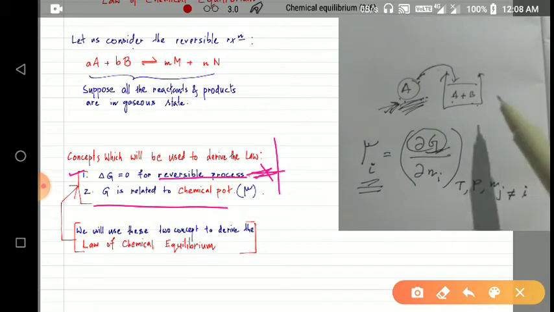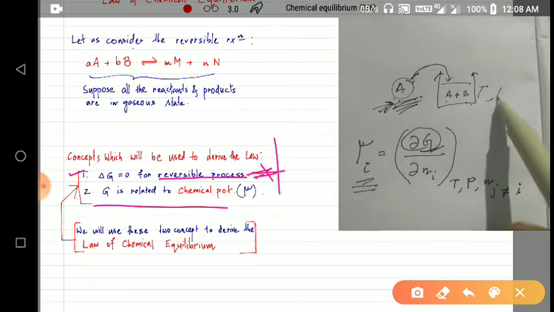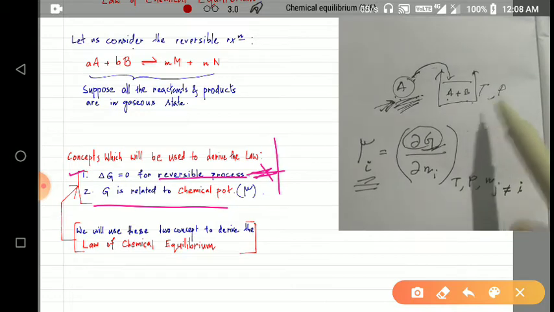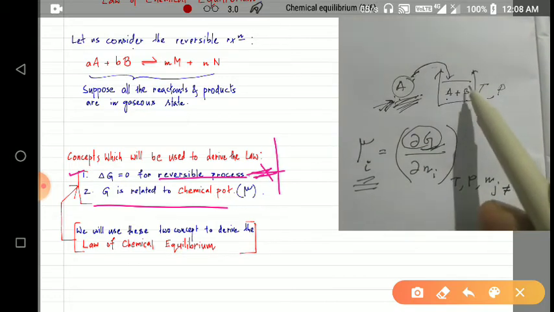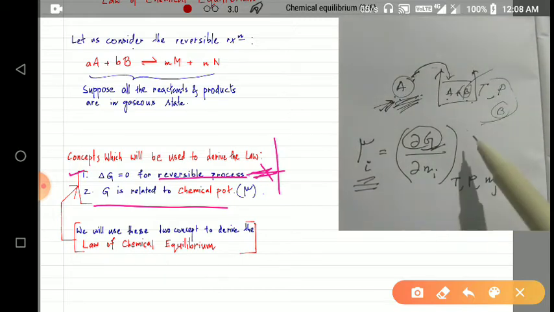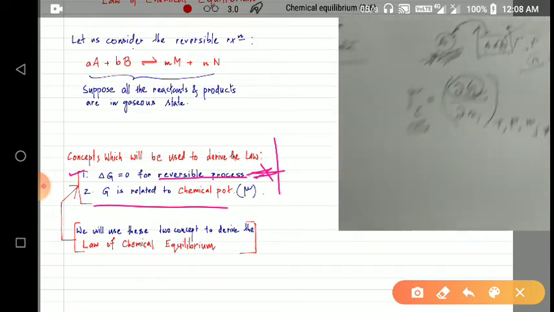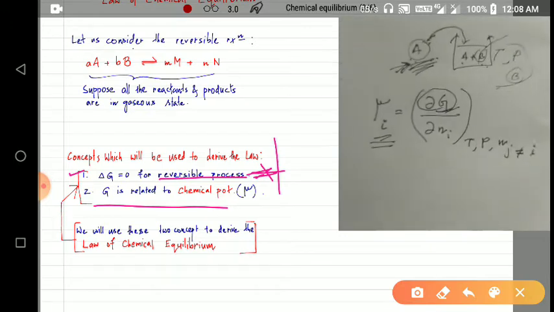Okay, and the condition is that the temperature, pressure, and the other composition, that means B, should be constant. Okay, this is the physical meaning. So this is your chemical potential.